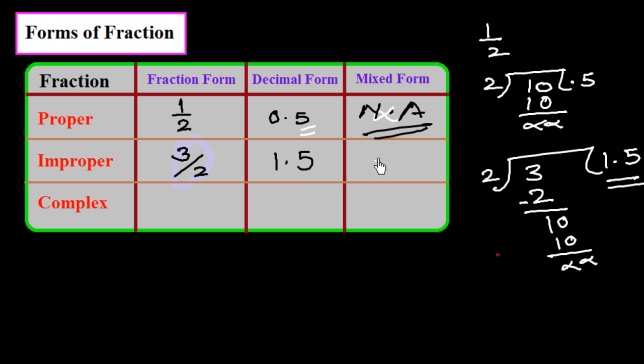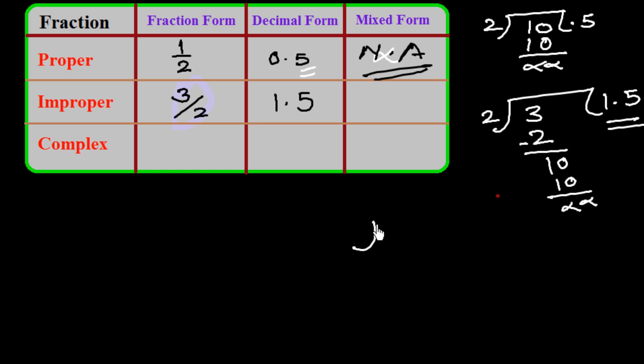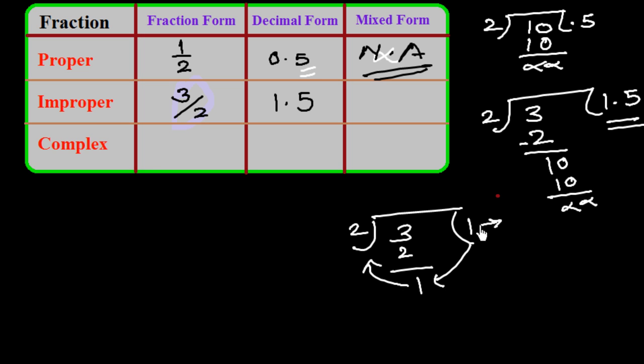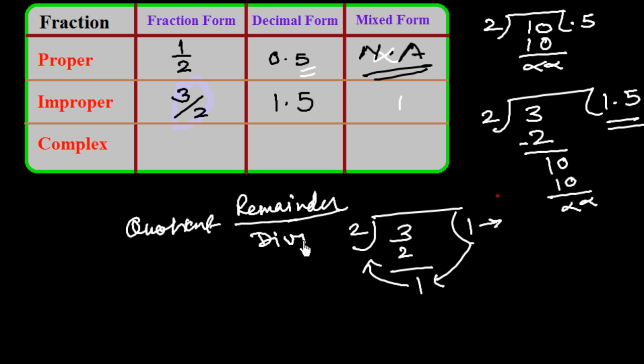Now we can also make the mixed form here. How do we get the mixed form? I explain here. Again I divide 3 by 2. So 2 times 1 is 2 and the remainder is 1. Whatever remainder we get at the last, we write it in this way. First of all, we write the quotient, then the remainder, then the divisor.